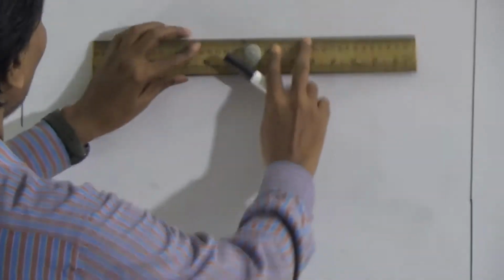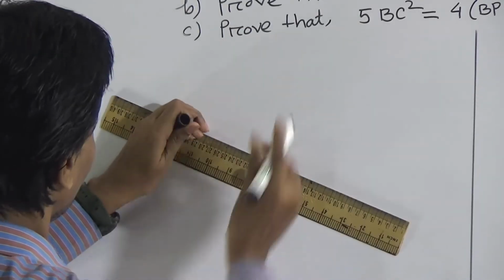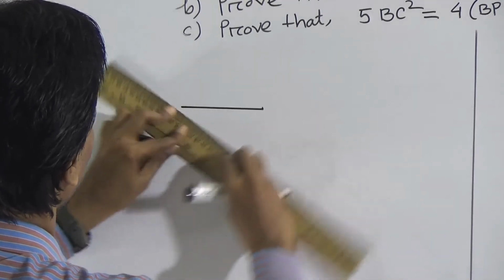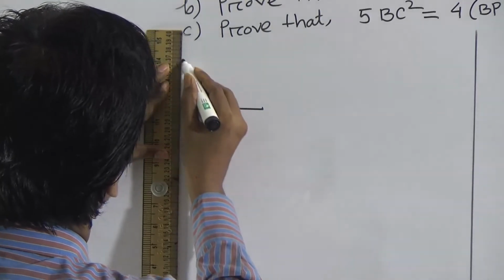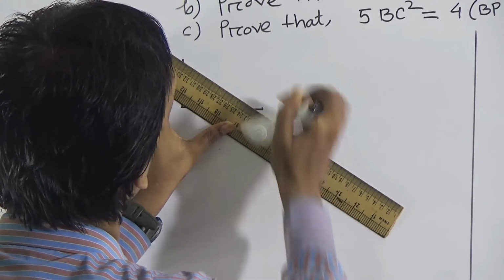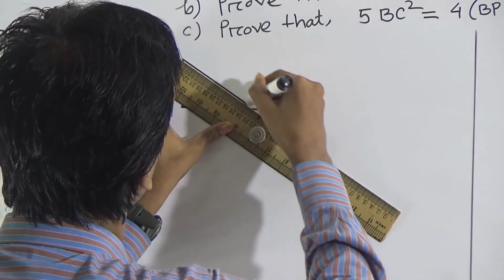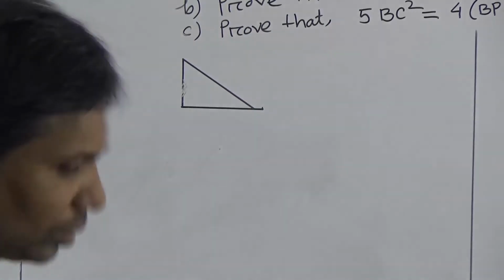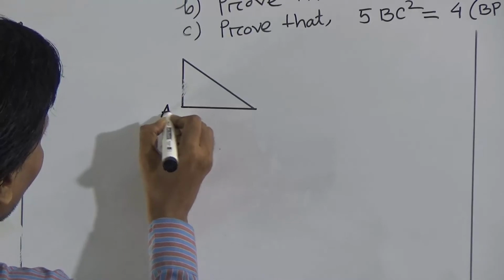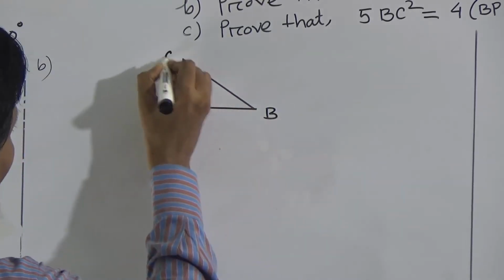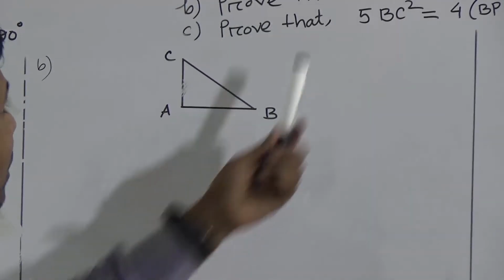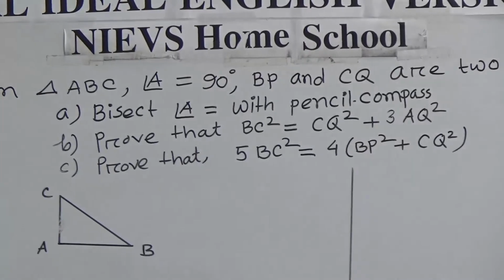Look, at first you draw a triangle, that means right angle triangle, and give the name A, B and C. Now see, according to the questions, BP and CQ are two medians.